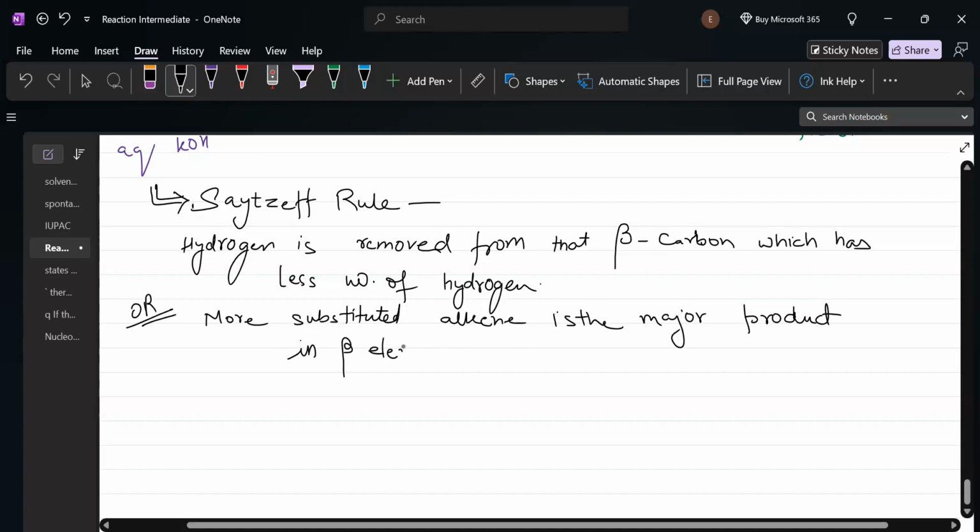As you know, there are several positions from where it can take beta hydrogen, as you have seen above. So let's see some examples where we are getting different products, and what the rule exactly says.